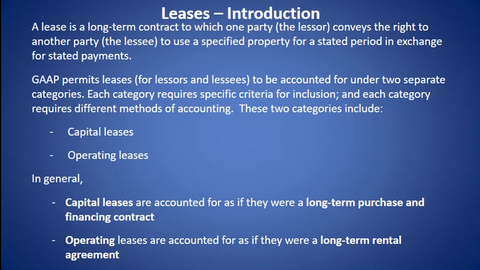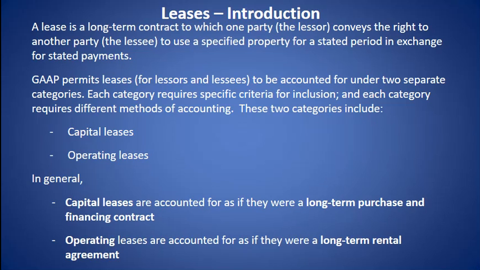Now, a lease is basically a long-term contract where one party, the lessor, in effect the creditor, conveys a right to another party, the lessee, who is the debtor, to use a specific asset for a stated period of time in exchange for a certain number of payments.